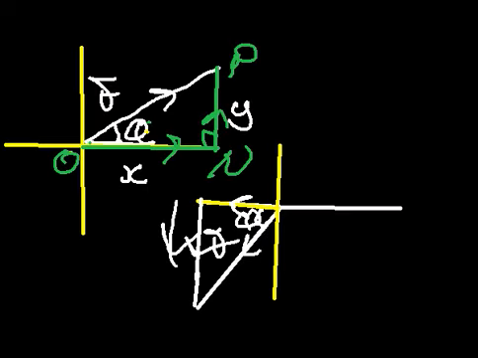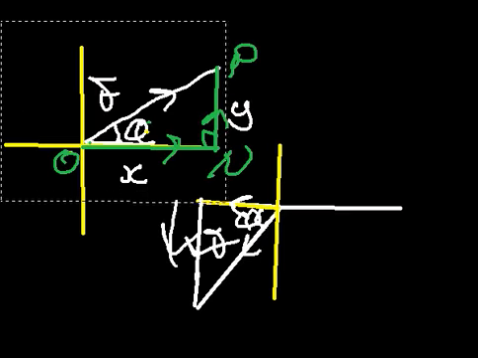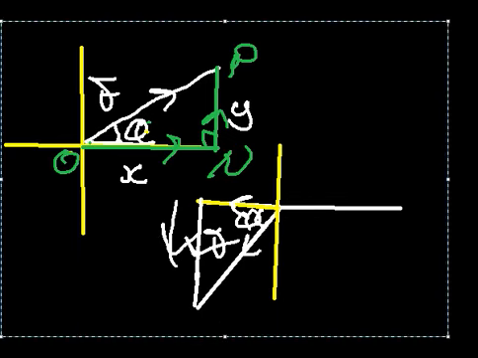You should understand what happens if a vector is acting at an angle with respect to the vertical, which is the y-axis. Let's say this is the case.